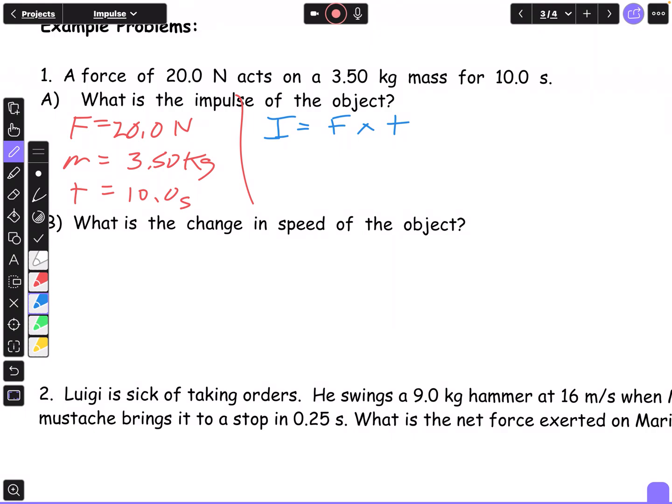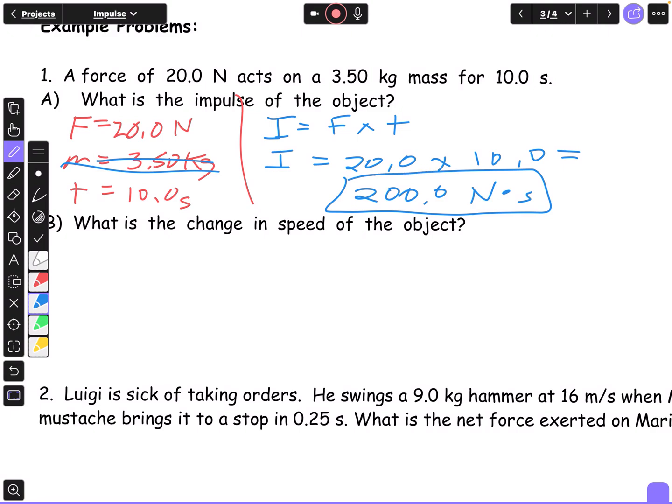So my mass in this case, I'm not using in this problem. So my impulse, when I plug that in, my force is 20.0 times 10.0. When you multiply that out, that would give you 200.0 Newton seconds.